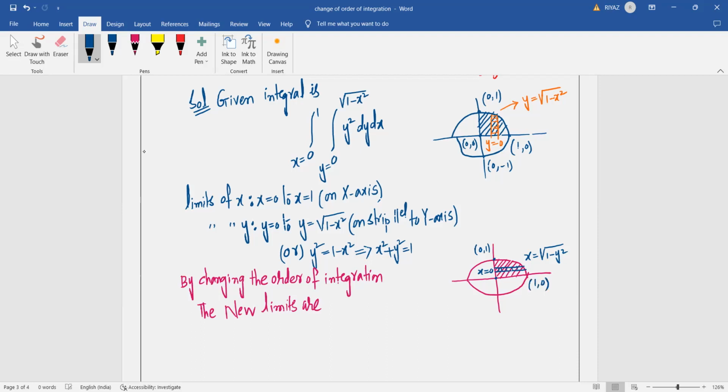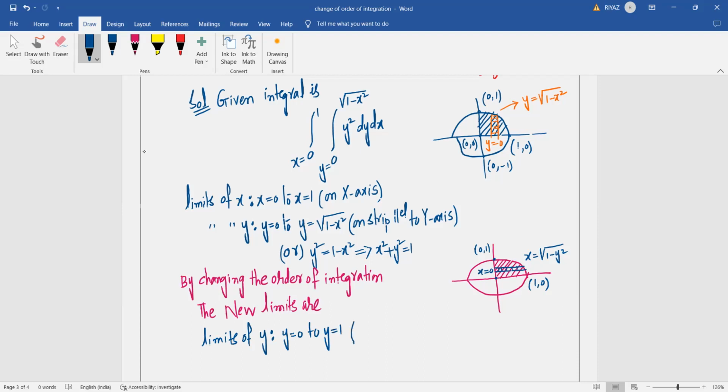So when I am writing the new limits, how do we write? First the limits of y. It was given in the question as limits of x. Now you have to write first the constant limits, the limits of y: y is equal to 0 to y is equal to 1.